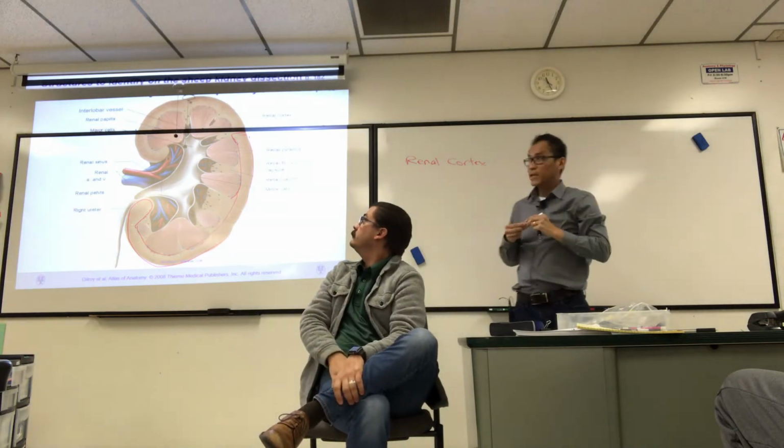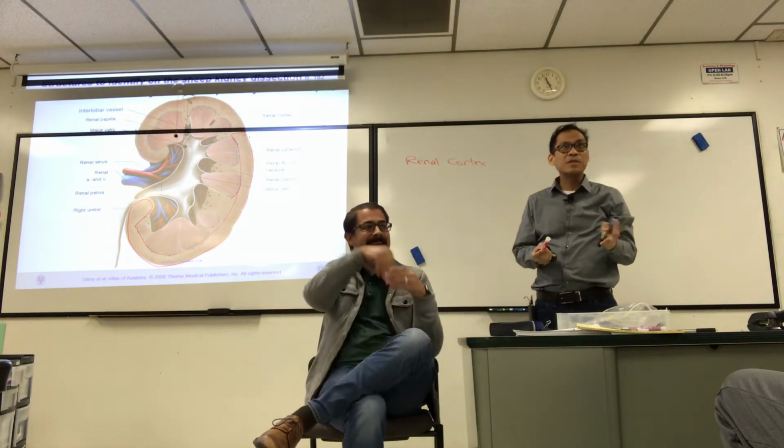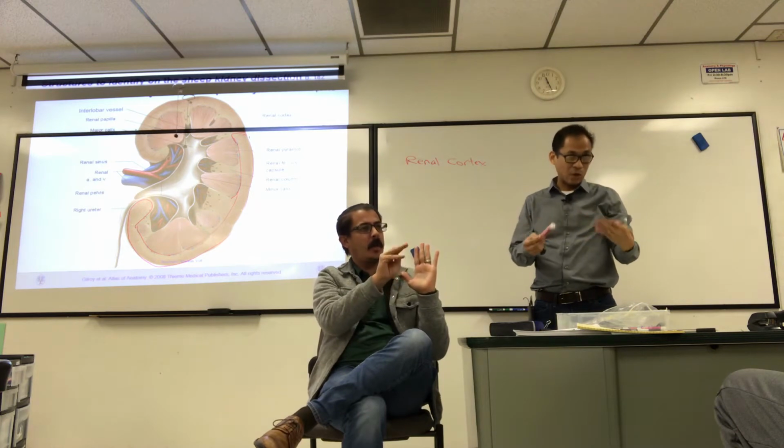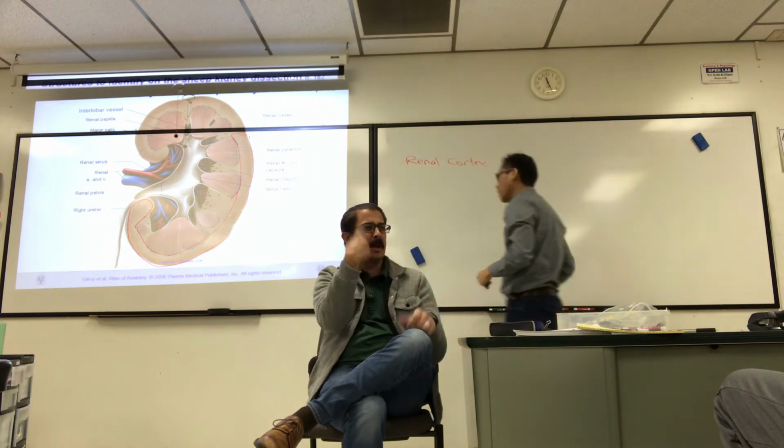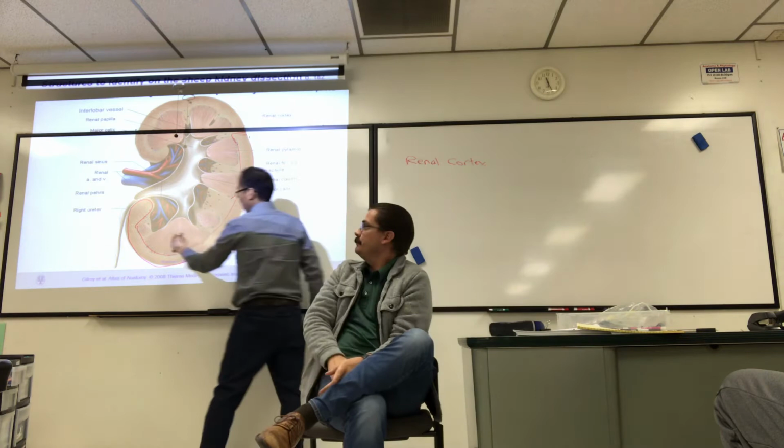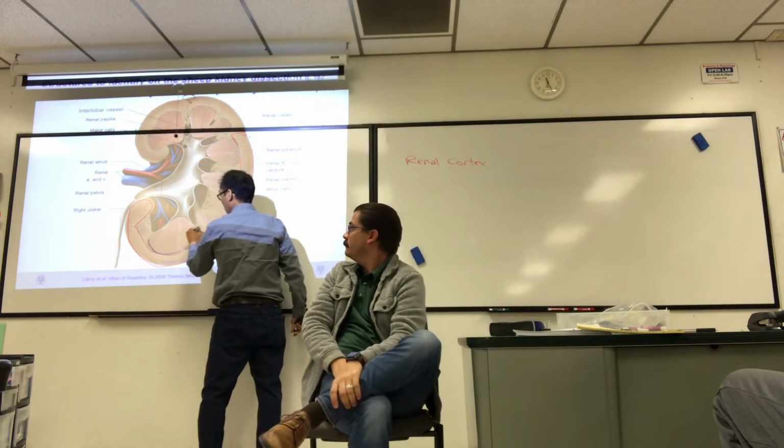The inner part is the renal medulla, but it's arranged in lobules shaped like pyramids. Let me trace a couple here. Here's one big one down here. Renal pyramid.